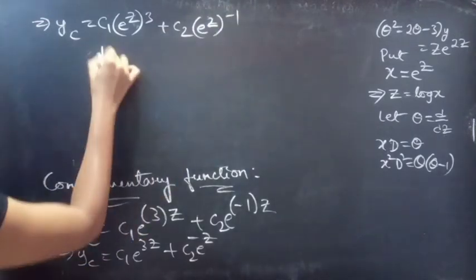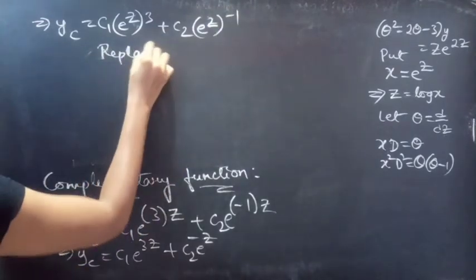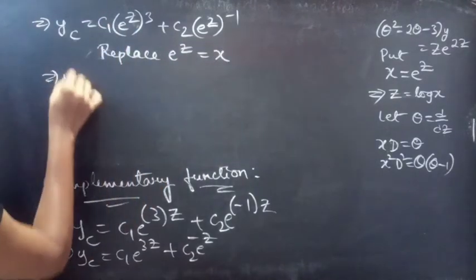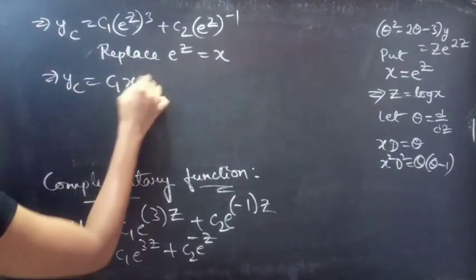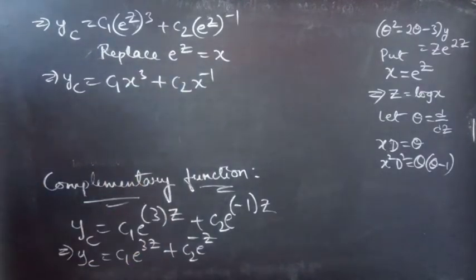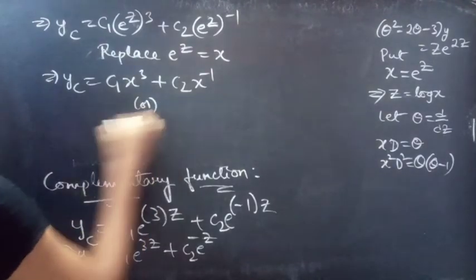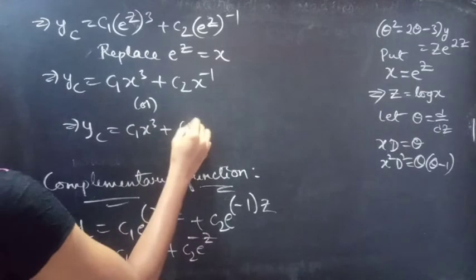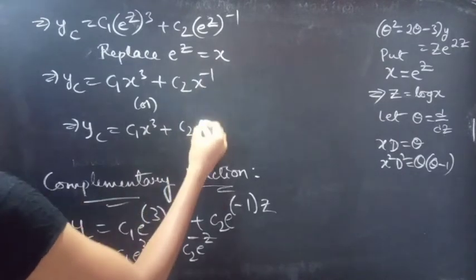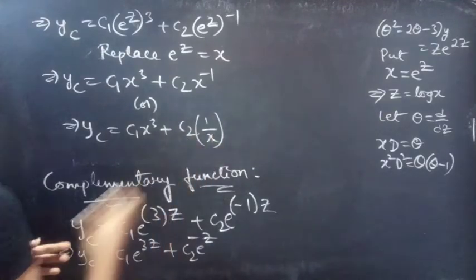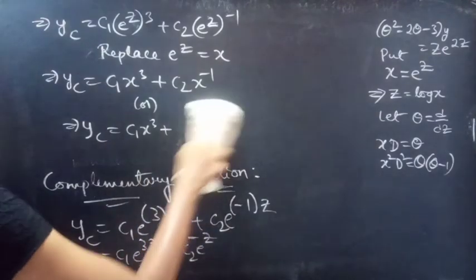Now replace e power z by x, then yc becomes c1 x cube plus c2 x power minus 1. Or yc equals to c1 x cube plus c2 into, you can write x inverse as 1 by x, right? Then you'll get c2 into 1 by x is c2 by x.